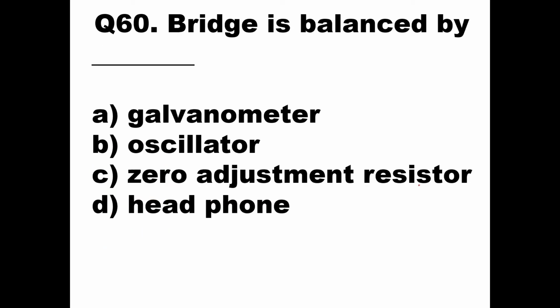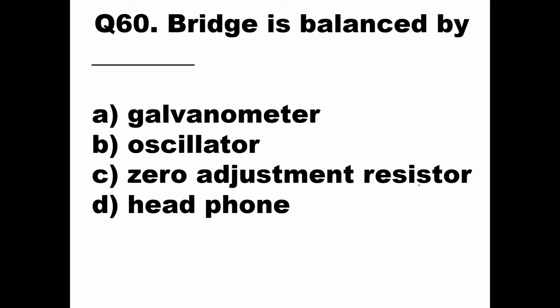A bridge is balanced by, whether it is an AC bridge or a DC bridge, how is it balanced? The options here are a galvanometer, oscillator, zero adjustment resistor or headphone. A galvanometer and a headphone can be connected to see whether it is balanced or not. But to balance a bridge, we require a zero adjustment resistor.